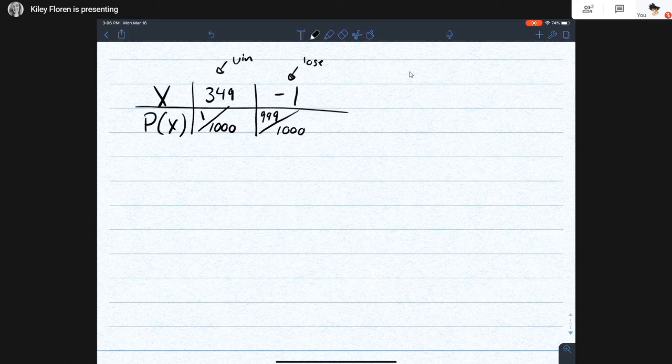So in this case, to find the expected value of x, again, this is the hard work, we take each of these values, 349 times 1 over 1,000 plus -1 times 999 over 1,000 to get our response.